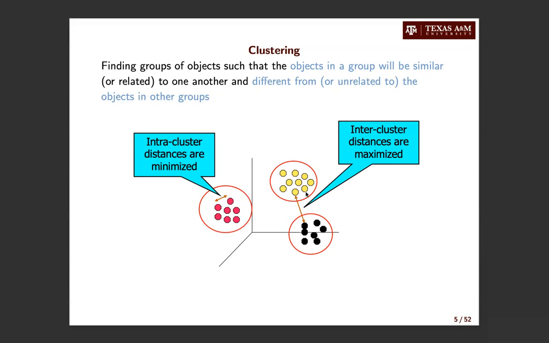Here we see three quite compact clusters for which the intra-cluster distance is quite low. On the opposite side, the inter-cluster distance, which refers to the distances between the different clusters, needs to be maximized. And again, this results in compact clustering outcomes.